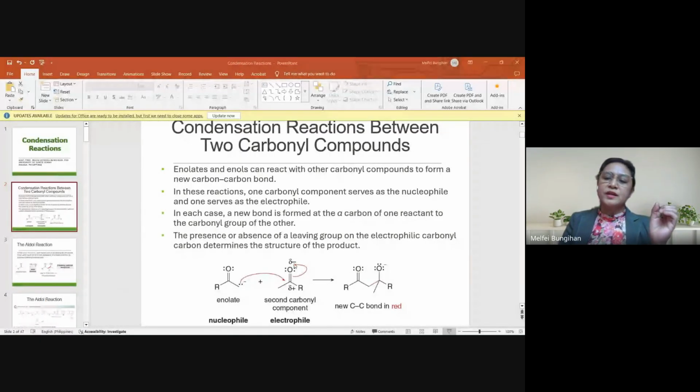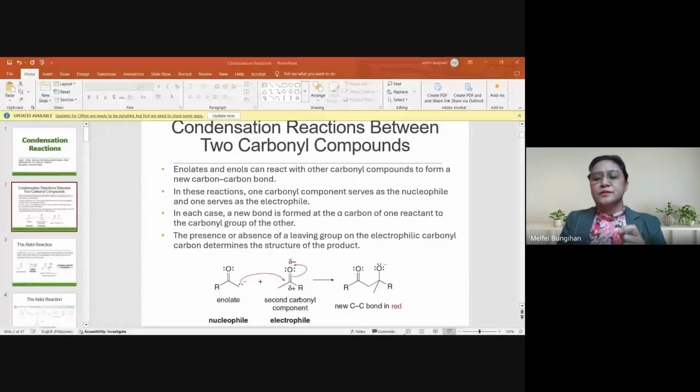When you will be doing retrosynthesis later, looking at your beta hydroxy aldehyde or ketone, you can split the molecule in half and you will see what the starting materials are, whether they are aldehydes or ketones, or both aldehydes or both ketones.